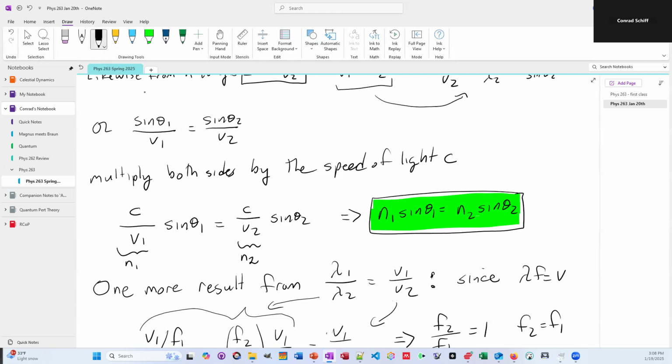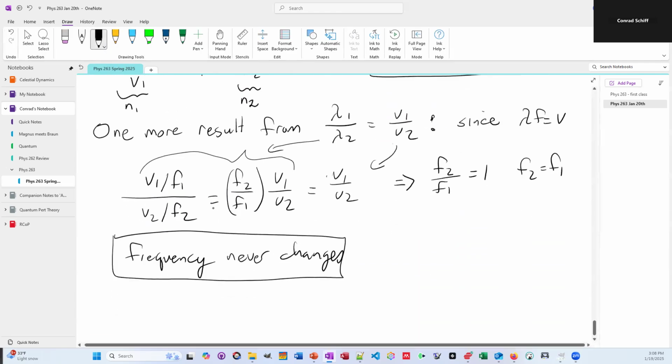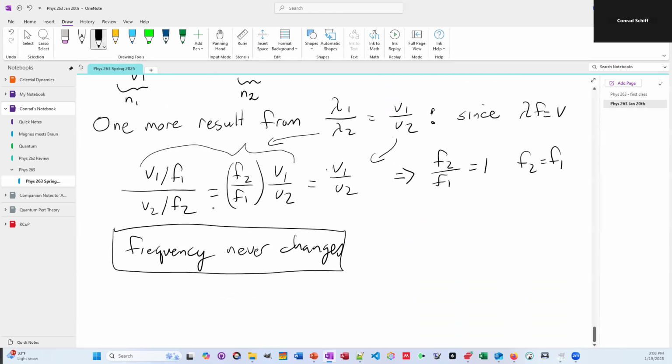Now, there's one more result that shows up from this kind of computation. We can milk the lambda 1 over lambda 2 equals v1 over v2 equation, and remembering that for any wave, the product of its wavelength and its frequency has to be equal to its speed, we can solve for lambda 1.